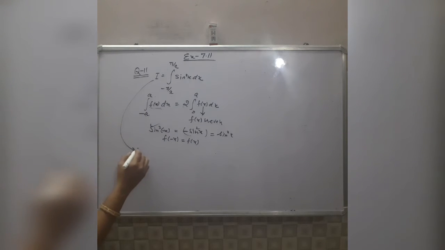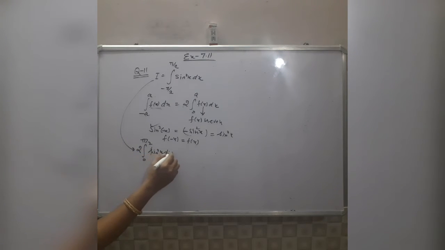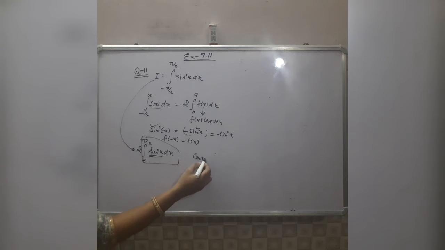So f(x) is an even function, it can be written as 0 to pi by 2, twice of this, sine square x dx. So one time we have used this property. After that you can find out integration of this again by using property, means in place of x you can write pi by 2 minus x, otherwise directly you can find out integration of this by using the formula of cos 2x.